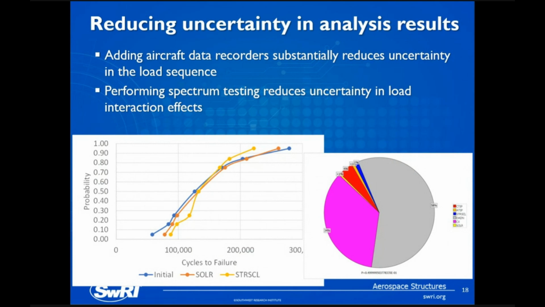And so we can reduce the uncertainty in loading by adding aircraft data recorder with individual aircraft tracking to understand the loading sequence a little better. We can also perform spectrum testing to reduce the uncertainty in our load interaction effects and determine a good retardation parameter to use.